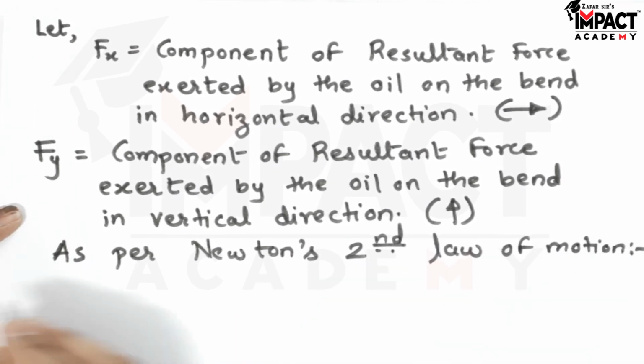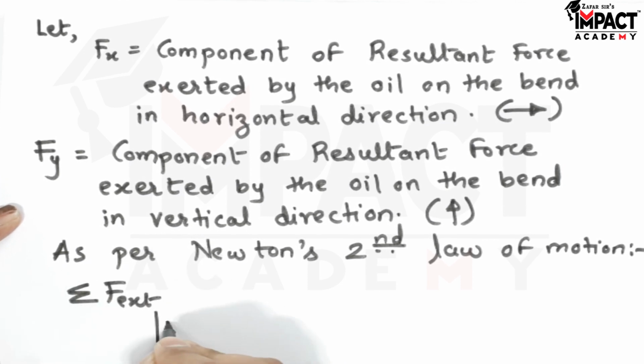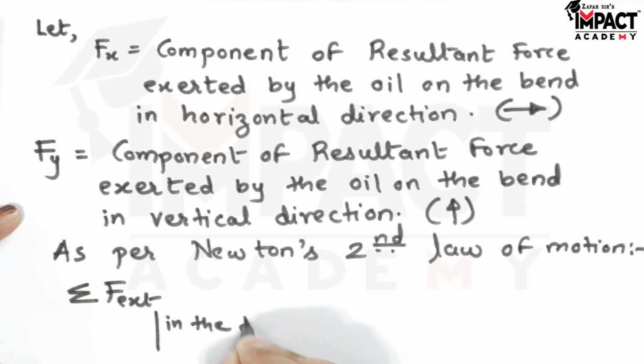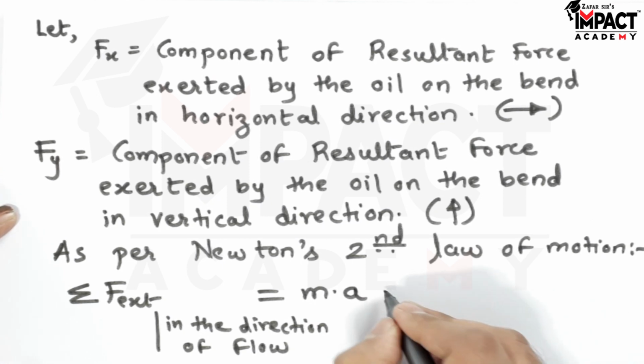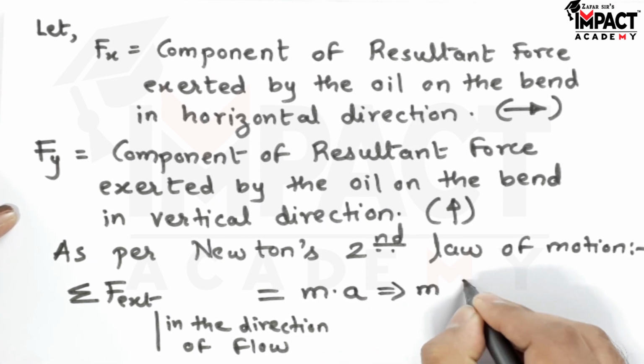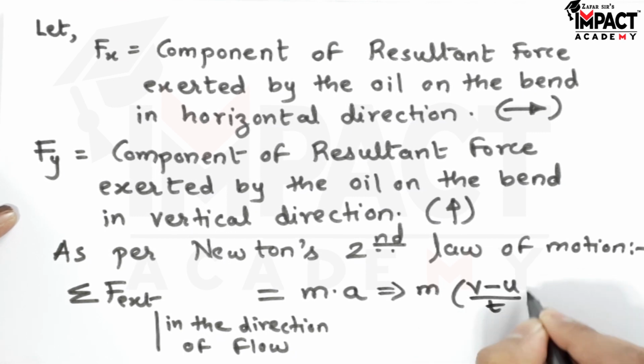which says that the summation of all external forces in the direction of flow is equal to the mass into acceleration, and therefore acceleration can be written as final velocity minus initial velocity divided by time.